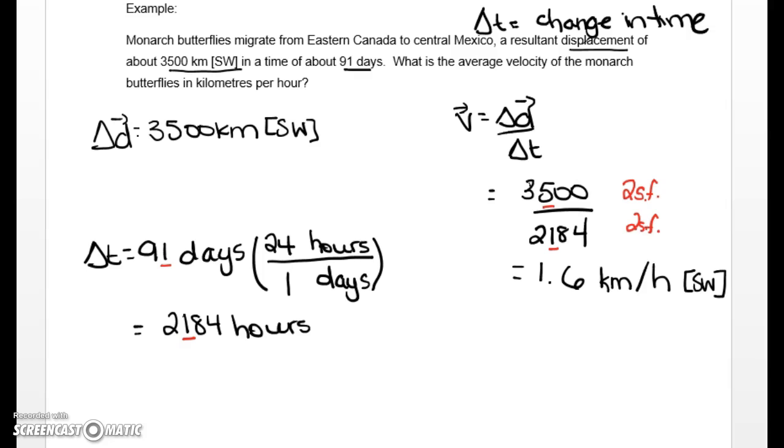One last thing that we should do before we finish off this video is that this one here is a word problem. And with word problems, we always answer those with sentences.